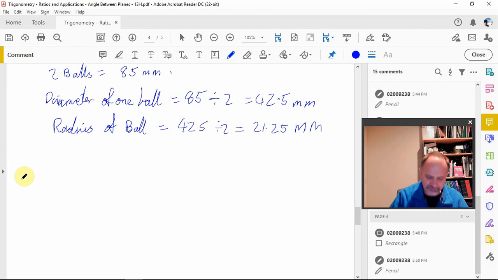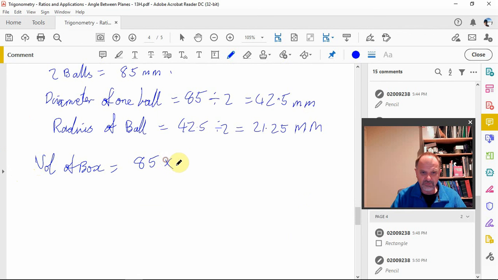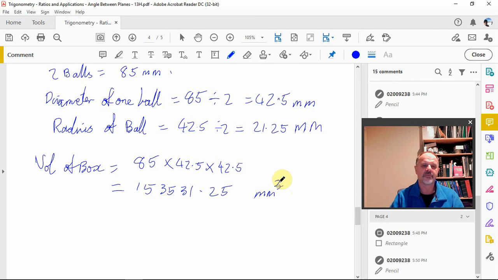So the volume of the box is the length times the width times the height. You grab your calculator out and you do that, and you get 153,531.25 millimeters cubed, not squared, cubed.